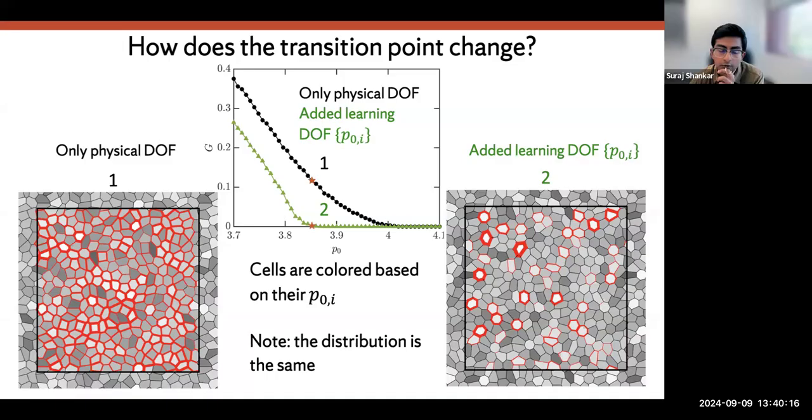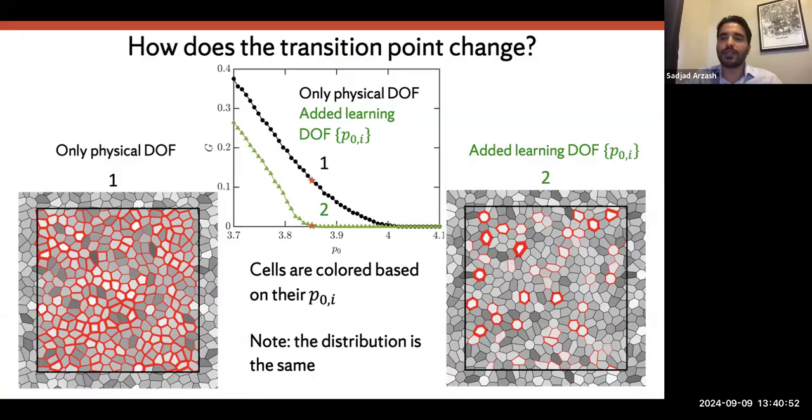I see. Okay, so it isn't as if, if you started with a different distribution and reinitialized the whole minimization, there are distributions of edge stiffnesses and all of these parameters, the preferred perimeter area ratios and whatnot, for which you cannot fluidize the tissue, even with the learning degrees of freedom being minimized upon.